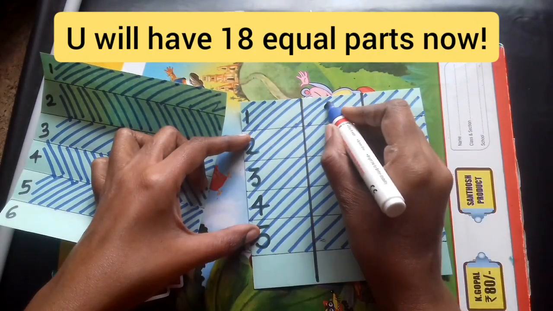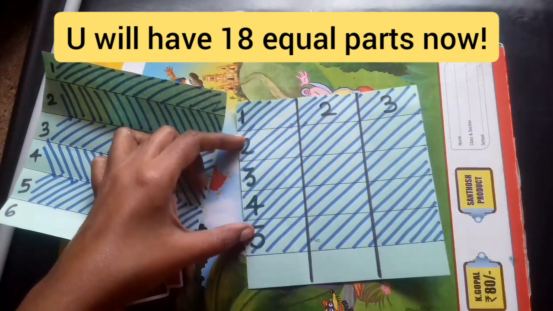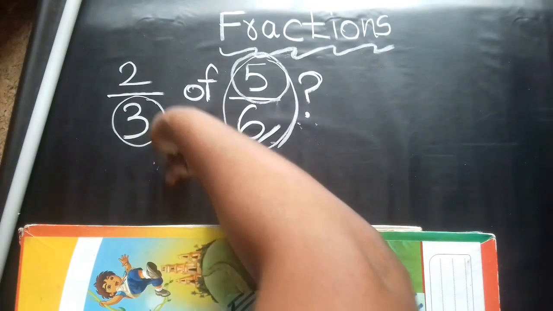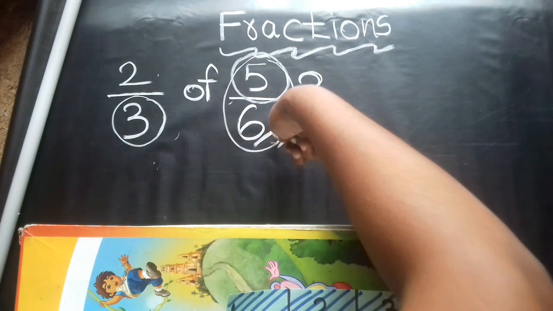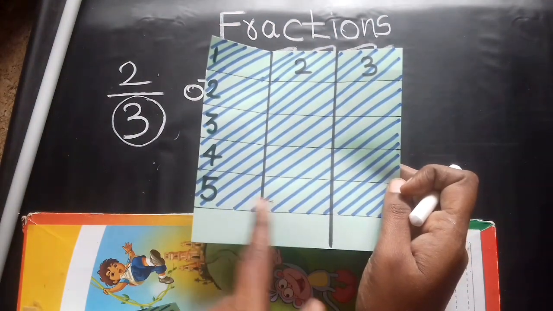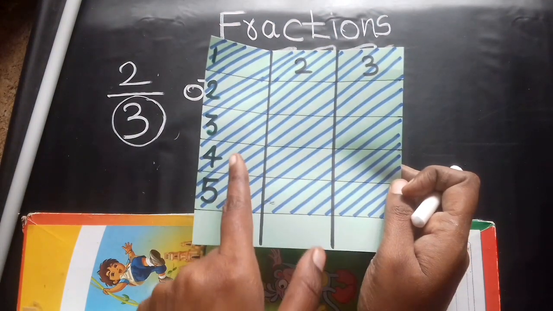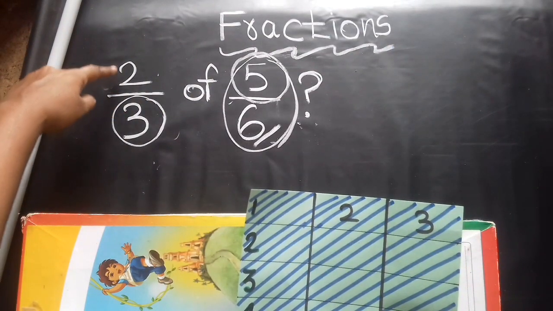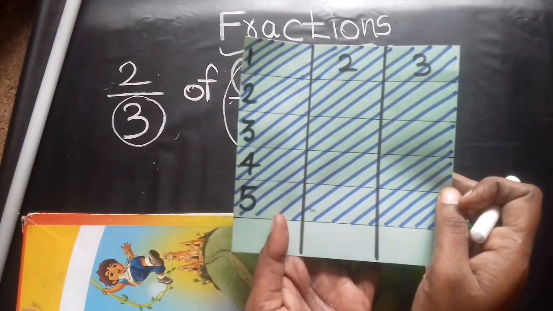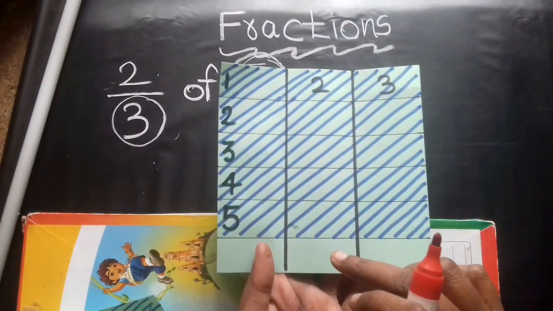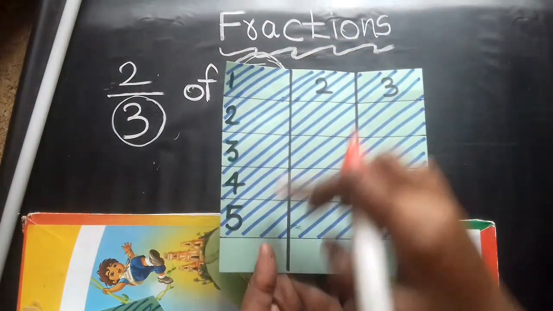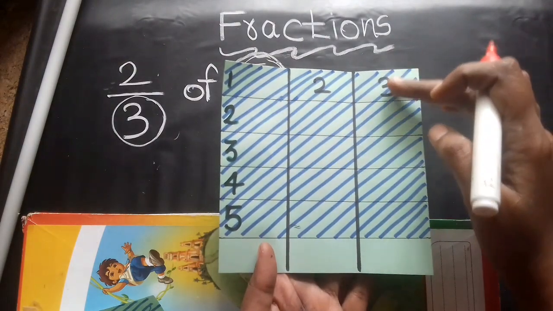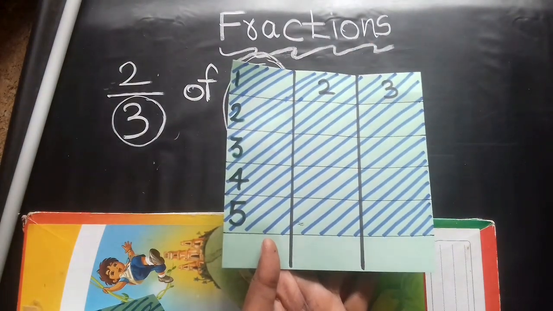1, 2, 3. So the question is, what is 2 by 3 of 5 by 6? After dividing this square sheet into 3 equal parts, now you need to consider only 2 parts. If it is 2 parts, we can take either 1, 2 or else 1, 2.